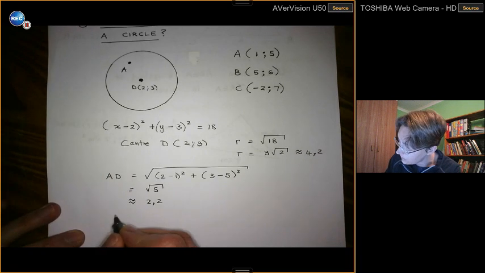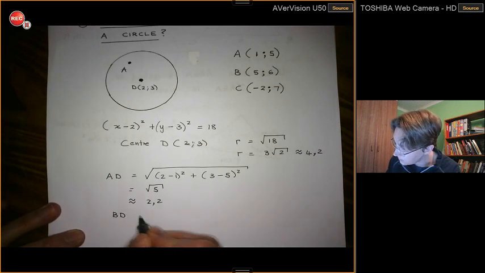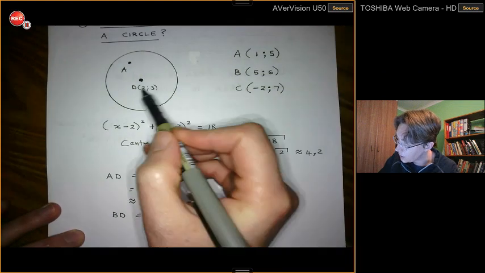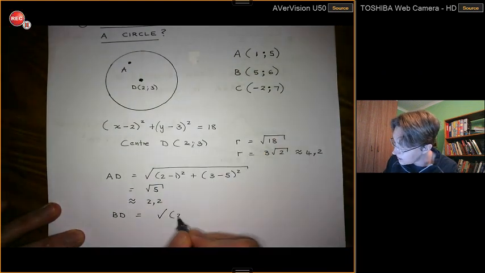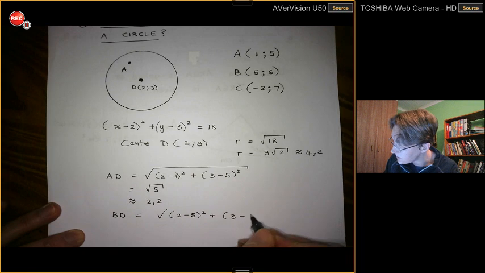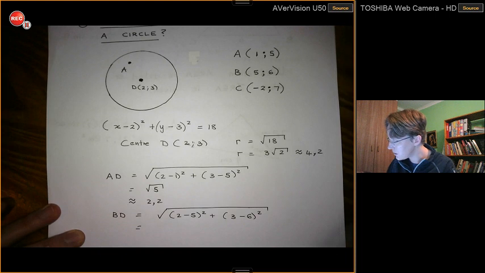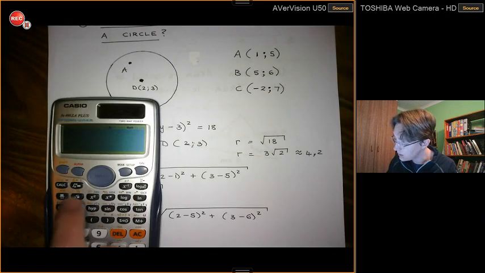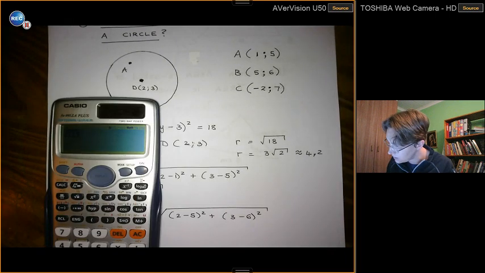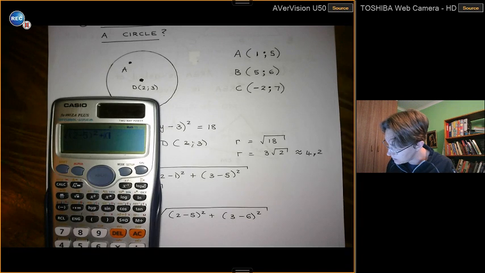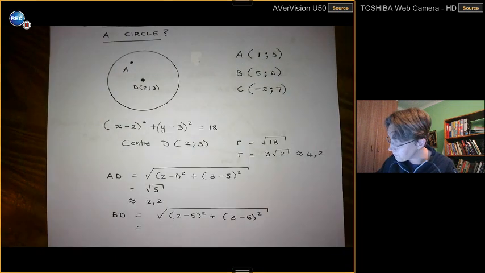Next one, then if I go from B to D, I can go 2 minus 5 squared plus 3 minus 6 squared. And that's going to give me 3 square root 2.